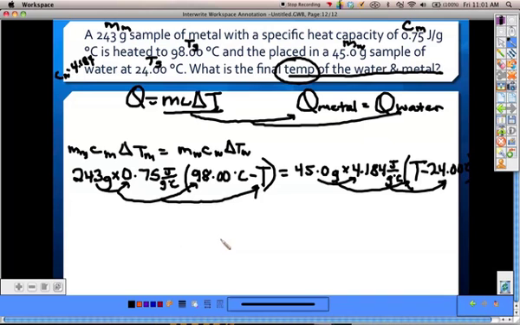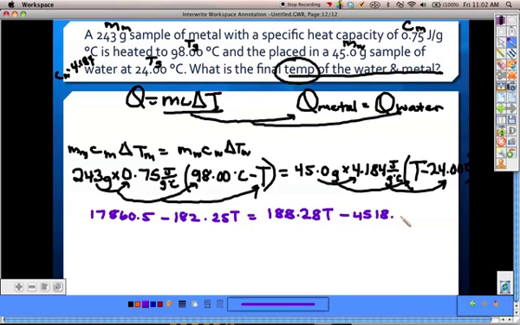So I get, and I'm going to write out the whole number. I don't want to deal with sig figs until the end because I don't want any round off errors. 17,860.5 minus 182.25 T's is equal to 188.28 T's minus 4,518.72.